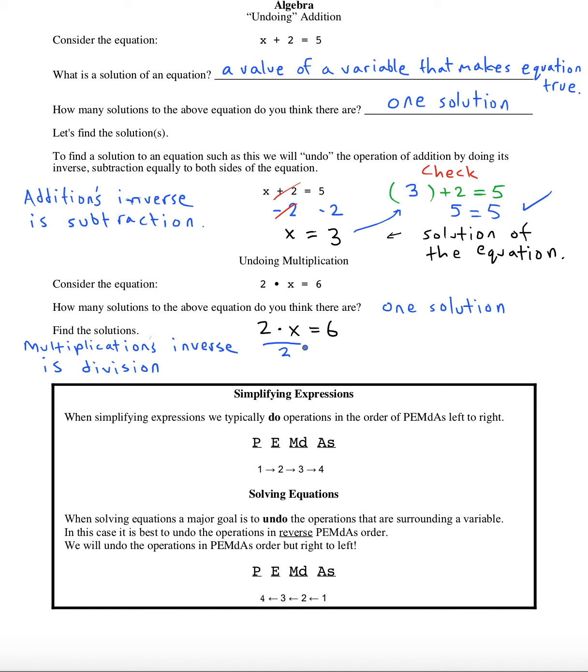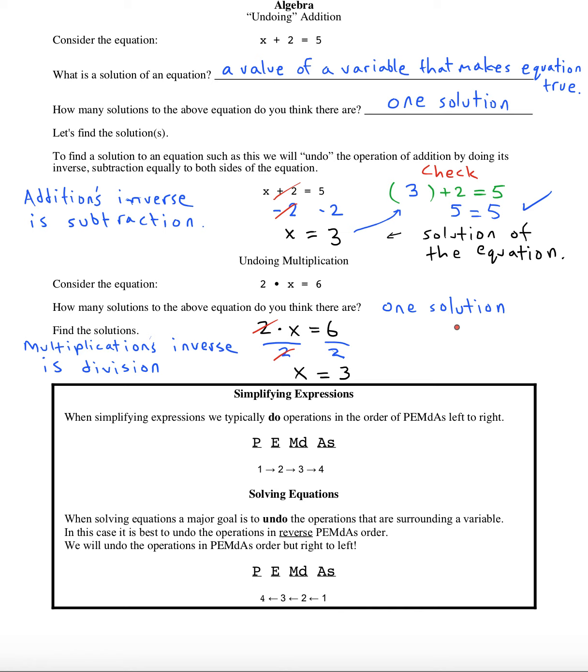But if we do it to the left side of the equation, in order to make things balanced, to make things equal, we have to do it to both sides of the equation. Our final result here will be that the times 2 and the dividing by 2 cancel off. And we'll do the division 6 divided by 2. The answer is 3. And that's the solution.